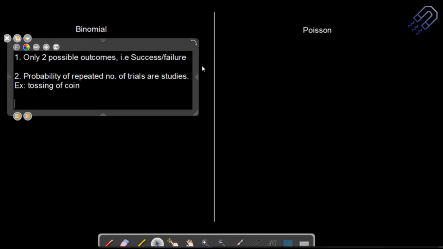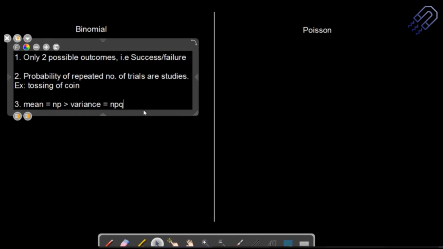Repeated number of trials plays a very important role in statistics, when we are defining a sample space. Mean is equal to n into p. I'm not defining the term, I think you already know it. And this will always be greater than the variance, and variance, you know, is nothing but npq.